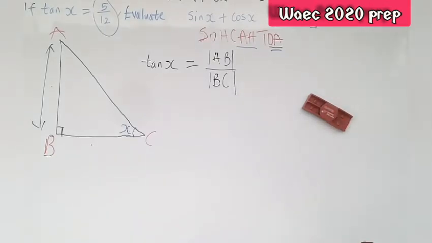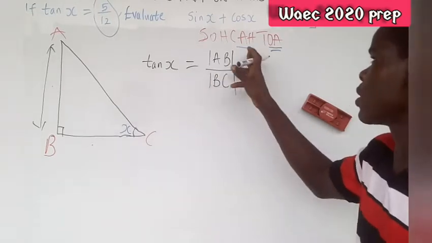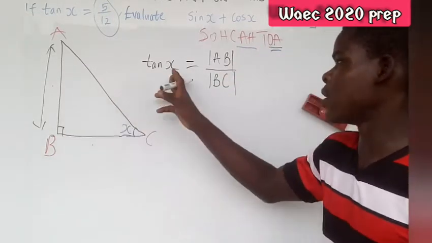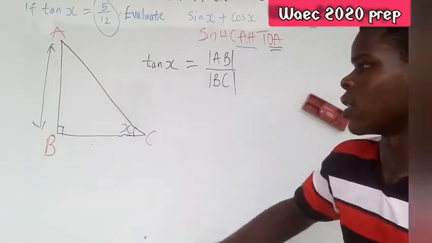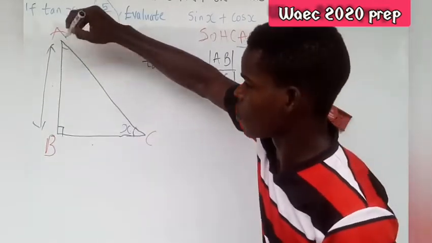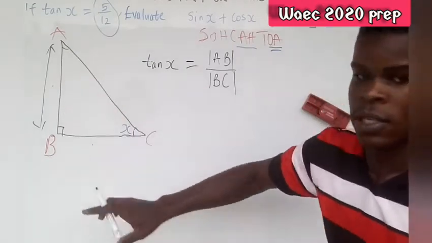Very simple. Since tangent is opposite over adjacent, with x positioned here, it is opposite over adjacent. What if the angle was here? Then the opposite would be here.